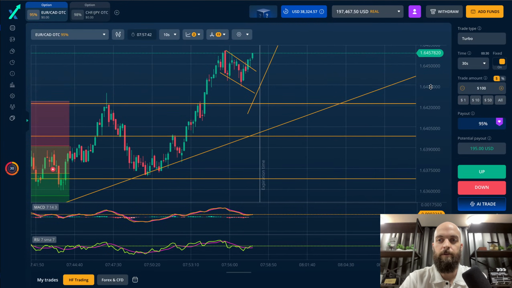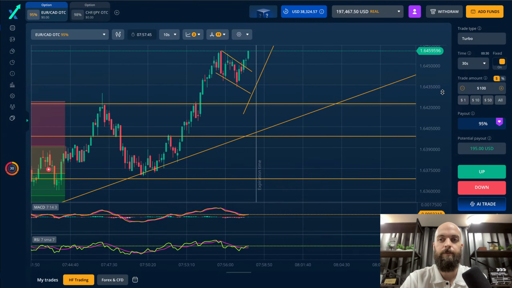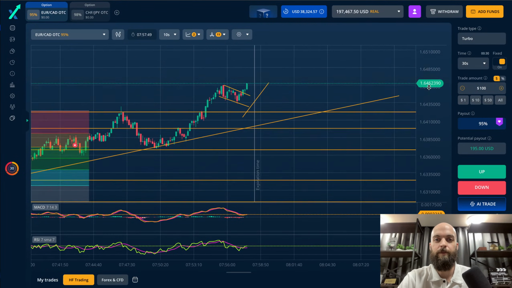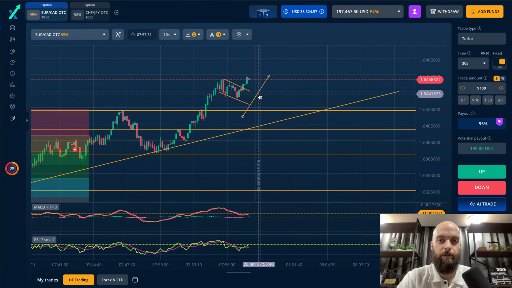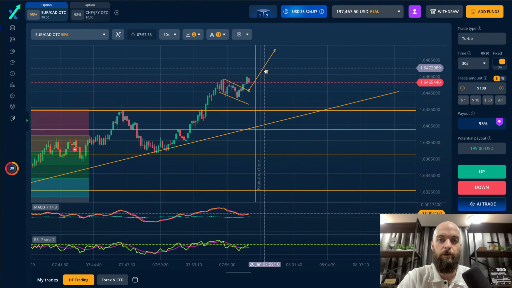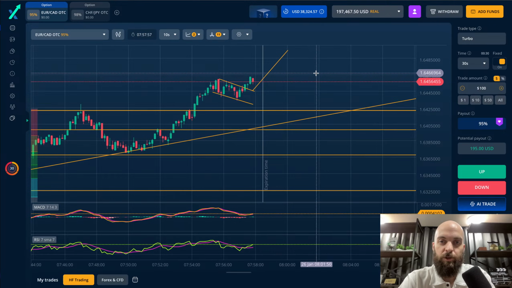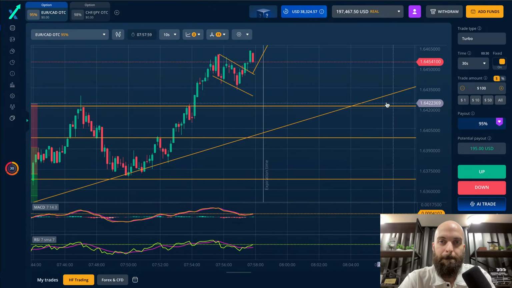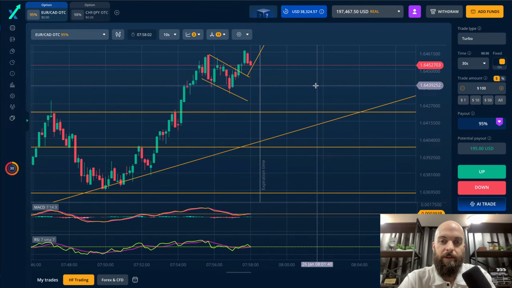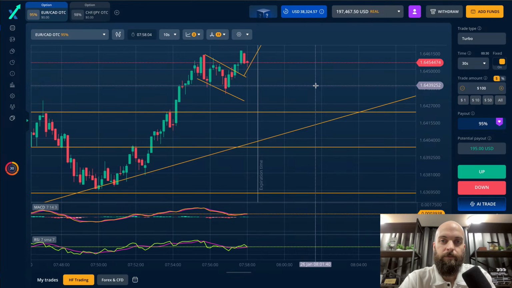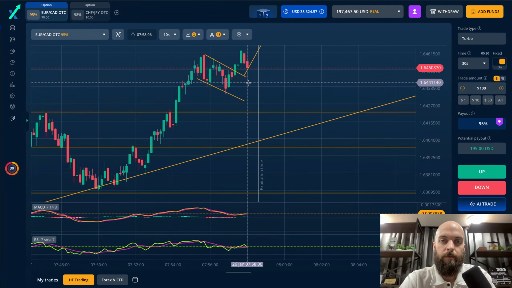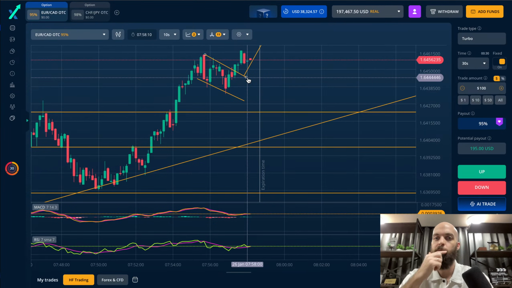Well, once you get up there. There we go. Okay. You can see that, yeah, we've got a bit of a bullish flag going on here. So we know price will probably stretch. Let's wait for a bounce off the breakout zone.